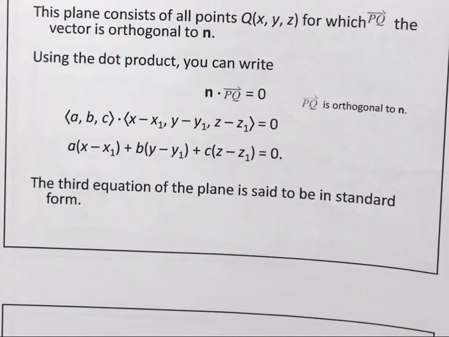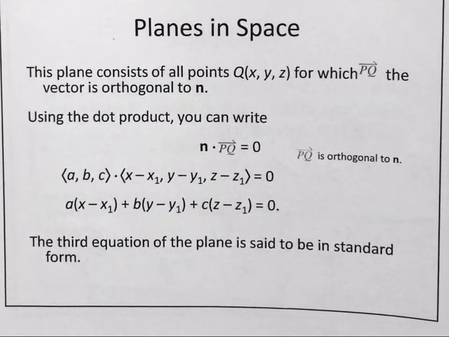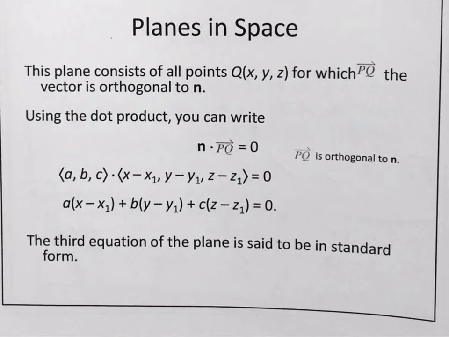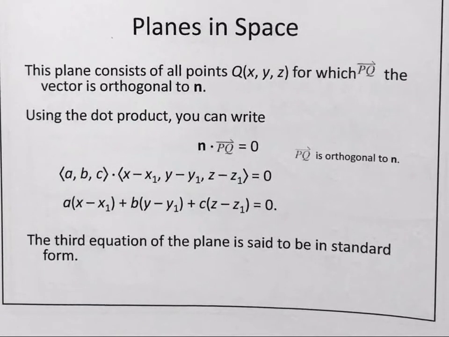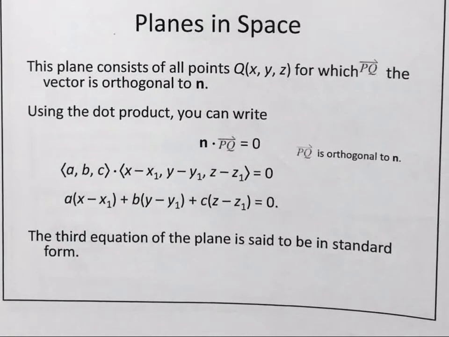Normal is just another word for perpendicular to a plane. If you generalize that, I don't know where the terminal point is, but I know the initial point on the graph, x1, y1, z1. Simplify things a little bit and you get this equation. That's called the standard form for the equation of a plane.